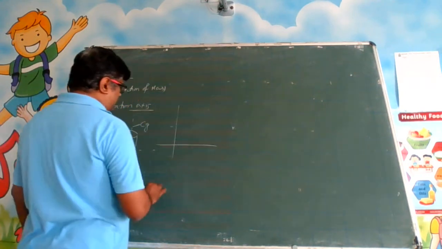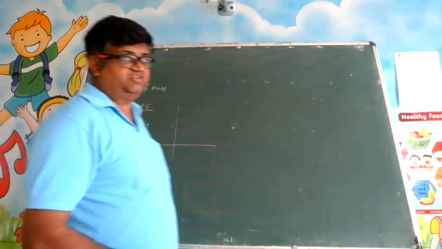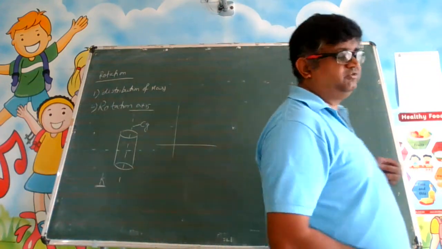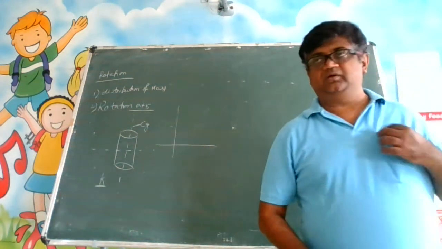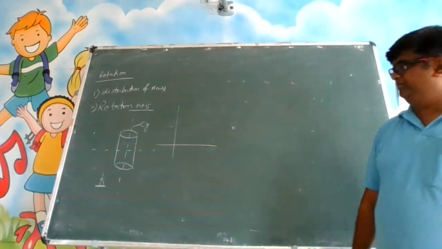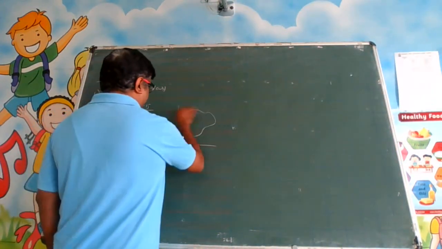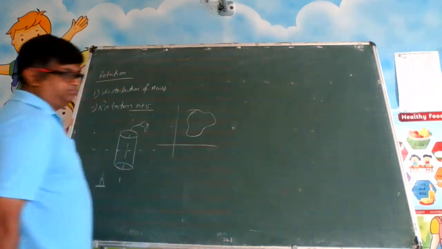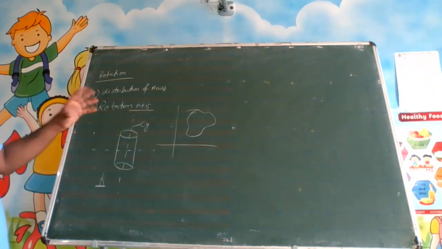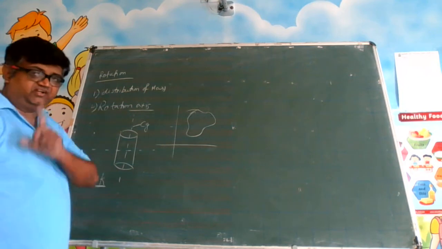There are two types of masses we have discussed. One is a point mass, a very small mass, a particle. But when you take an irregular object, it is a continuous mass, a distributed and continuous mass. Point mass is a discrete mass.